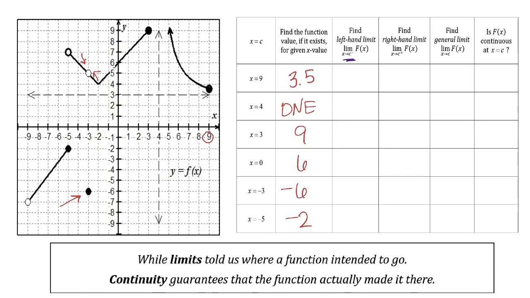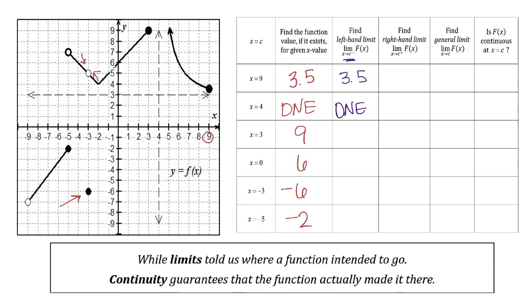If we're looking from the left as x is approaching 9, it looks like we're going to get 3.5. What about the limit as x approaches 4 from the left? Approaching 4 from the left, that one doesn't look like it's going to exist, so does not exist.